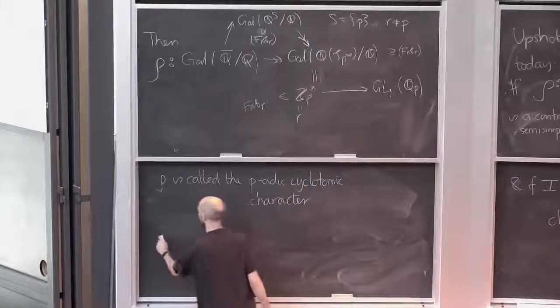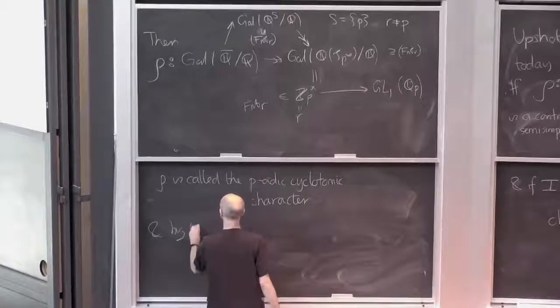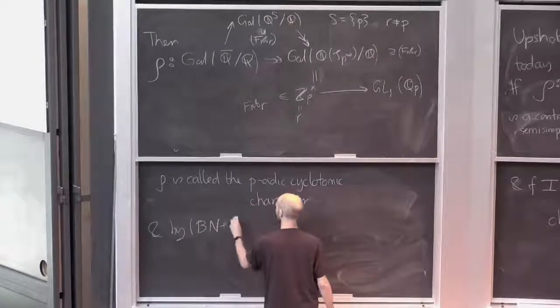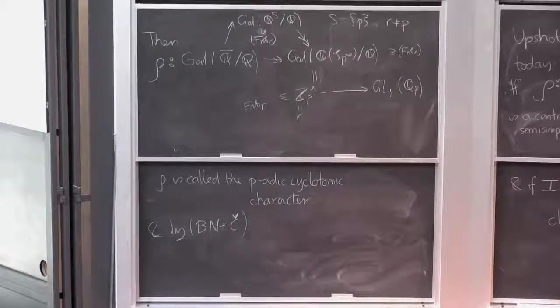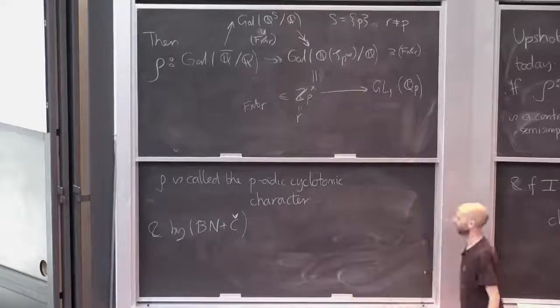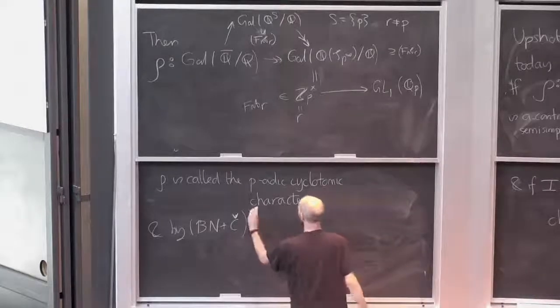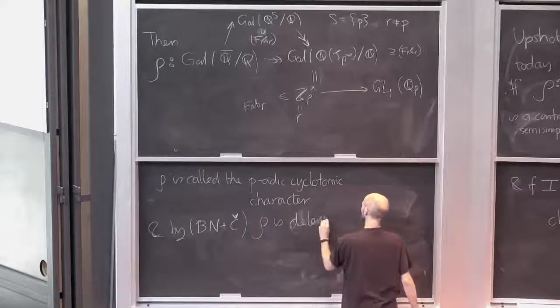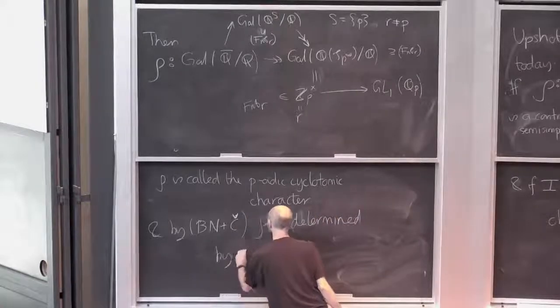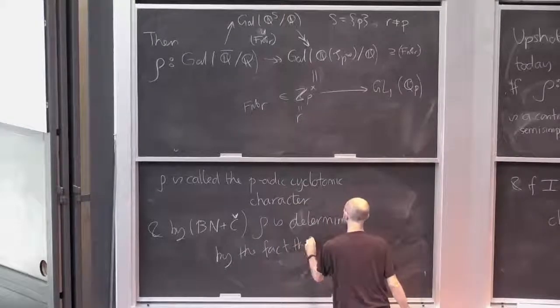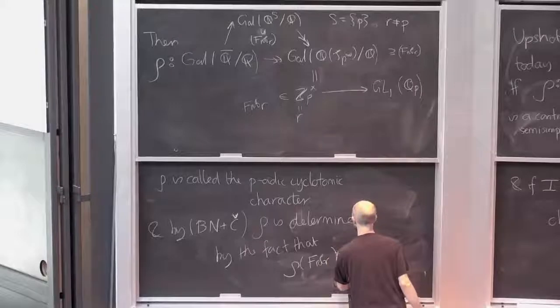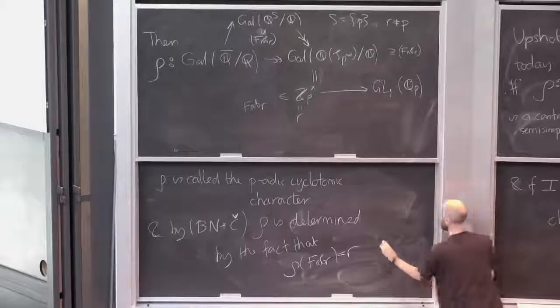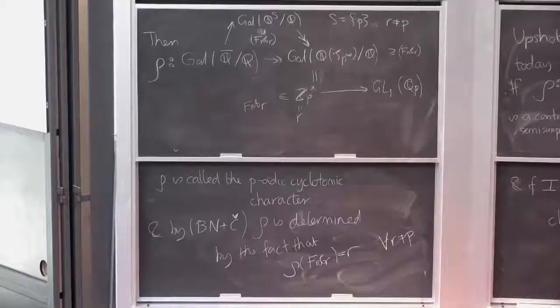And by Brauer-Nesbitt and Chebotarev, this rho is determined by the fact that rho of Frob_r equals r, for all primes r not p.